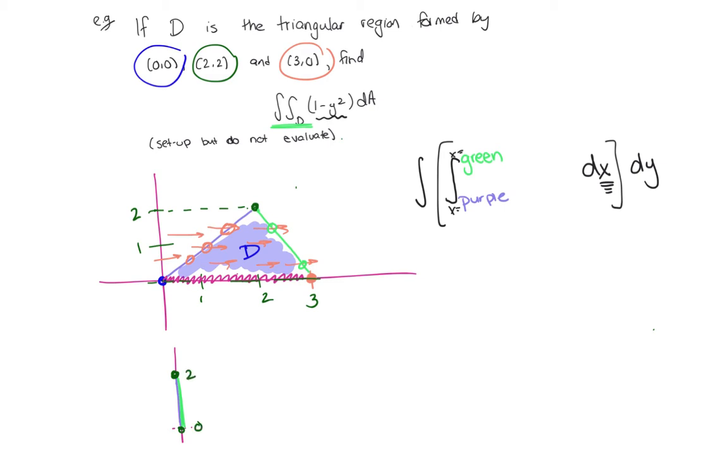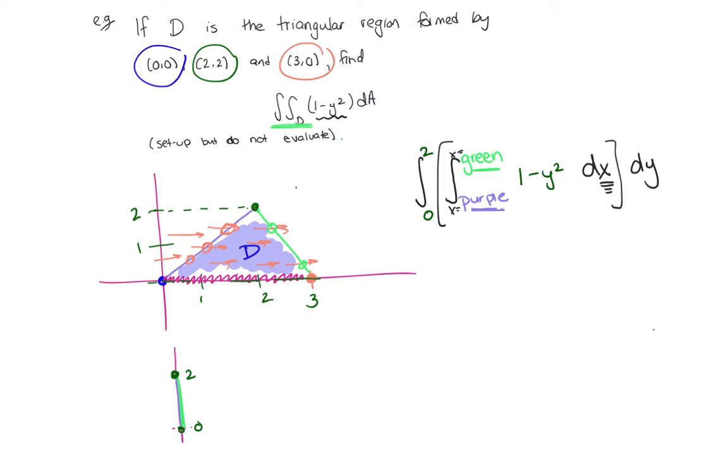So on the y-axis, I'm going from y equals 0 to the highest thing, y equals 2. So my y bounds will be 0 and 2. We also have our function, 1 minus y squared. Now all we need to do is figure out what this purple curve and this green curve are. Once we have those equations in terms of x equals, we can evaluate this.